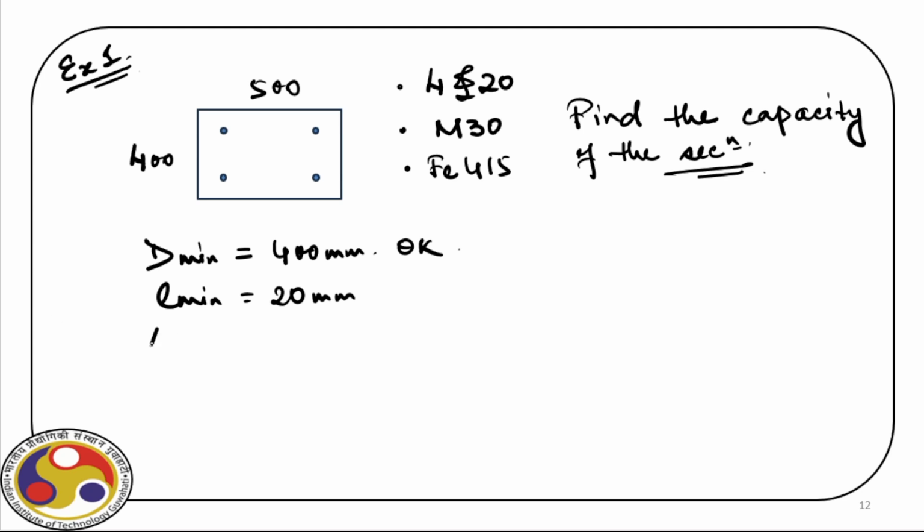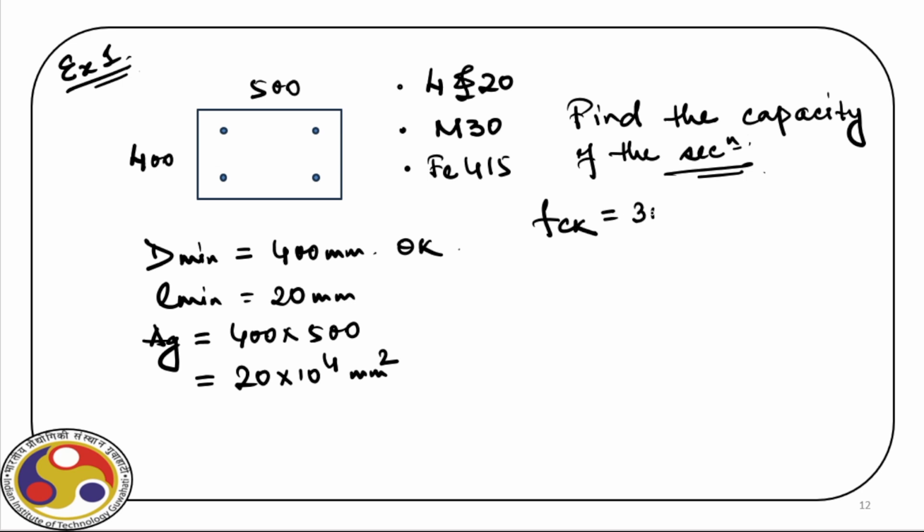Now let us first find out the gross cross-sectional area. So that is 400 into 500, which is 20 into 10 to the power 4 millimeter square. We have fck value 30 Newton per millimeter square and fy equal to 415 Newton per millimeter square.